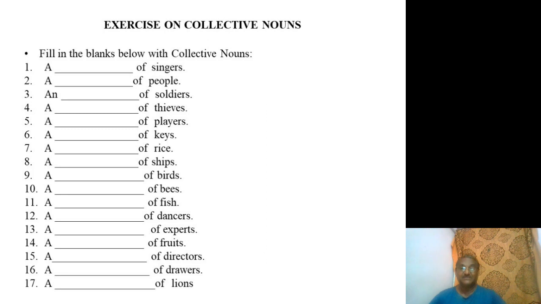A dash of people and a dash of soldiers. When this kind of dashes are given before these nouns, and you are asked to convert them into collective nouns, how do you do this one?